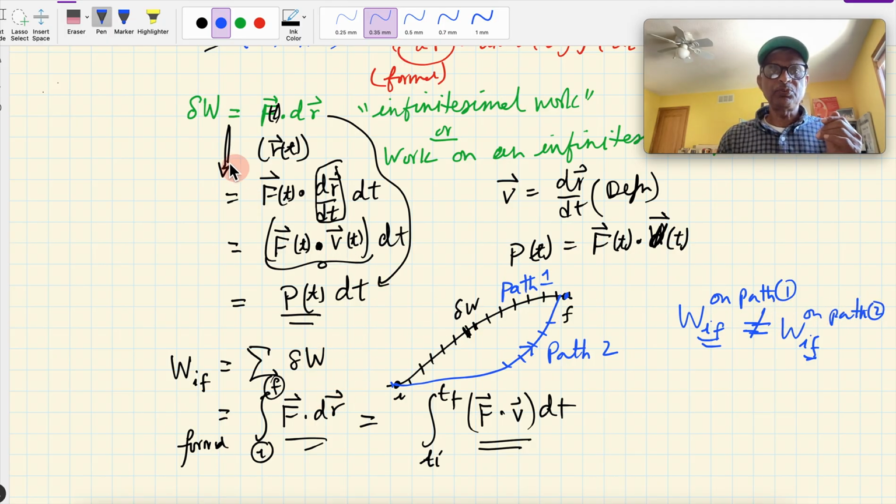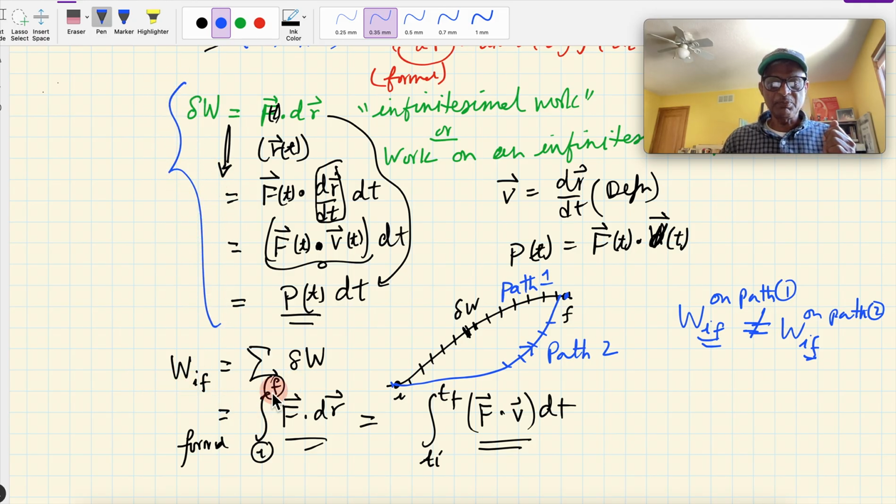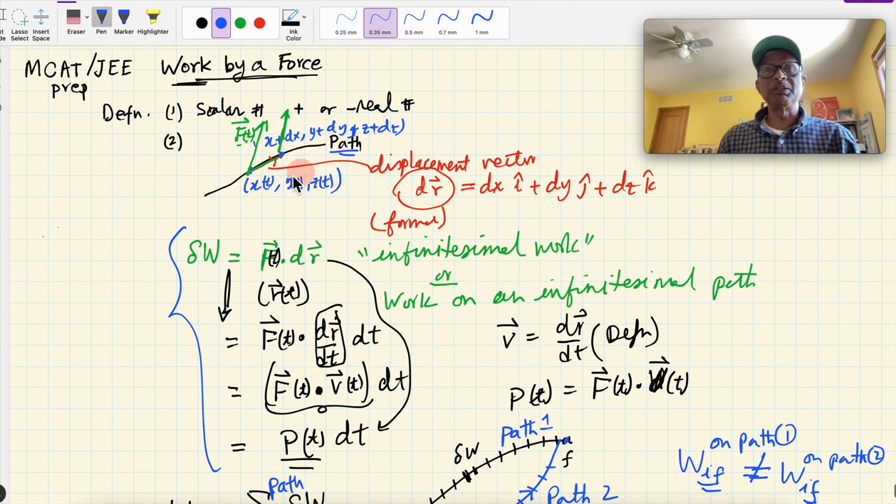So somehow I need to decorate all of these. This one I don't need to decorate, but over here I need to say do this on a path, whatever path. You can do path 1 or path 2 or path 3 or path 4, whatever. You tell me the path. And the path will, of course, be a function which goes along this.